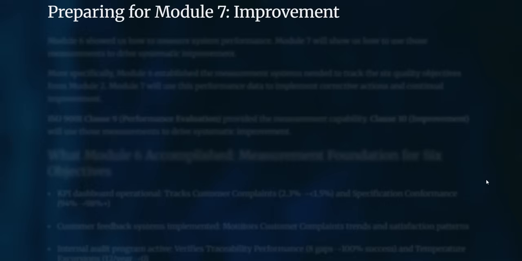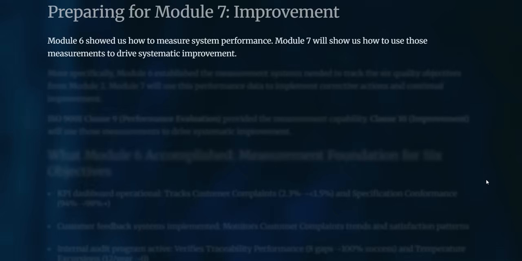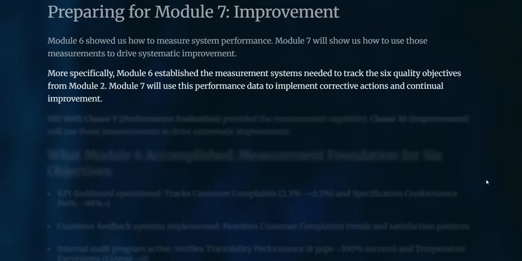Preparing for Module 7, the improvement. Module 6 shows us how to measure systems performance. Module 7 will show us how to use these measurements to drive systematic improvement. More specifically, Module 6 establishes the measurement system needed to track the 6 quality objectives from Module 2.